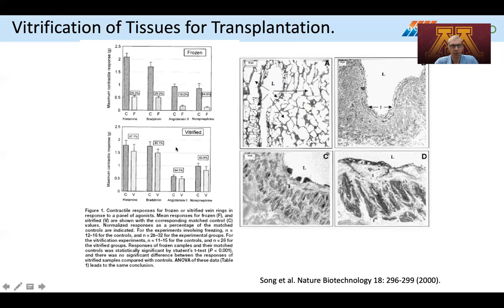After vitrification, you're largely the same in terms of functionality of the vein, versus in the frozen, where you have a large drop. So you have viability and function in the vein, which was a really big deal. And of course, that's one of the reasons why it made it into Nature.